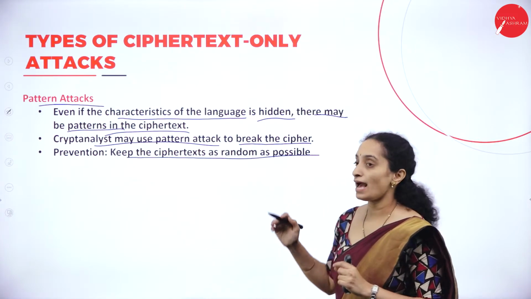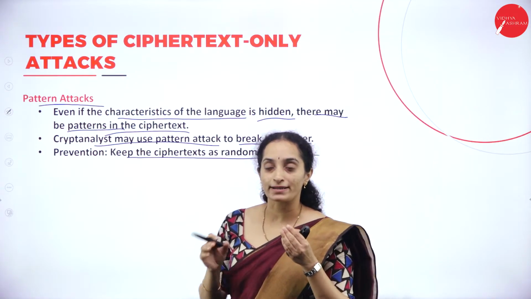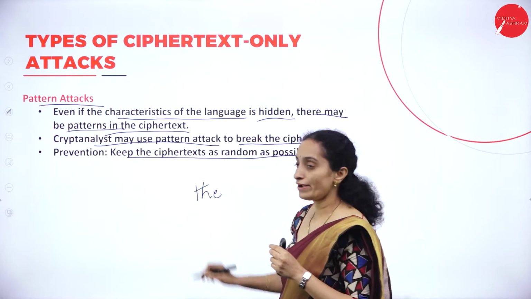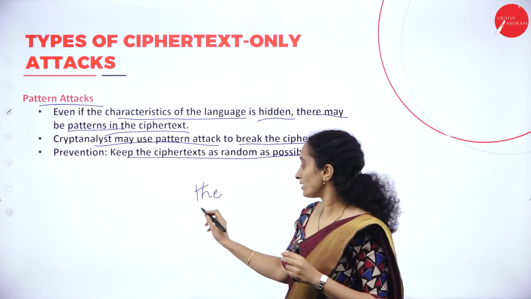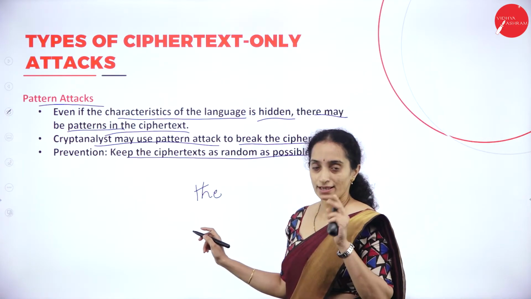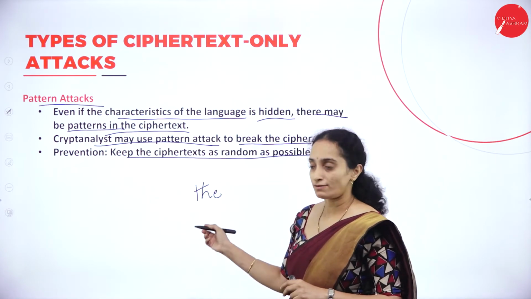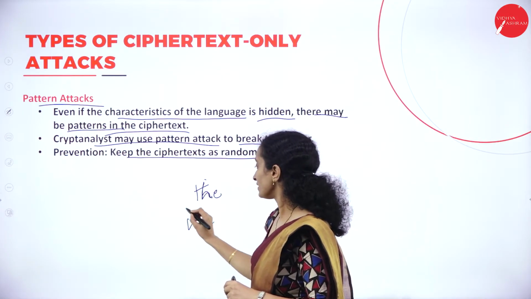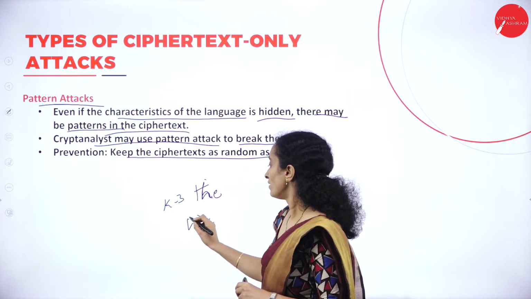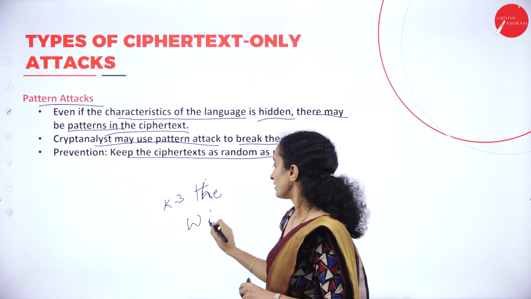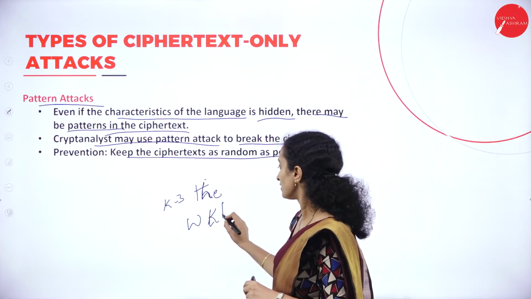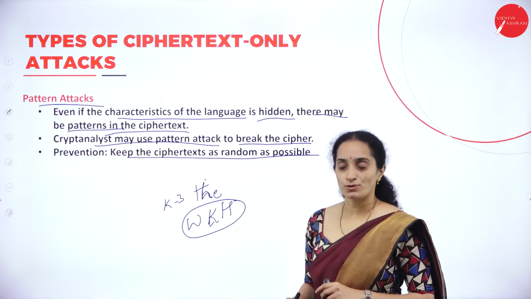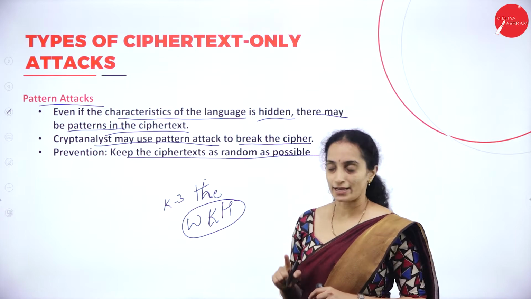Keep the ciphertext as random as possible. Do not repeat the pattern for all the words. If you have used the word THE 5 times, and you are going to give the same key, say 3, THE will be encrypted as, if the key is 3, it will be W, K, H. So THE will be encrypted as WKH with key value 3.